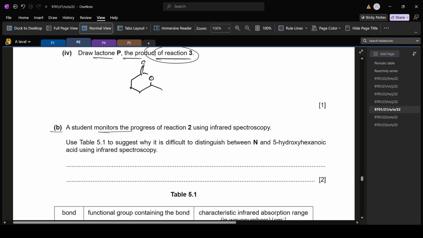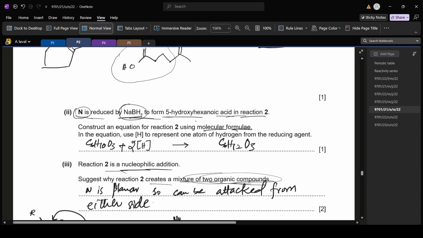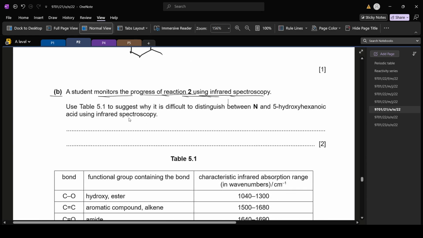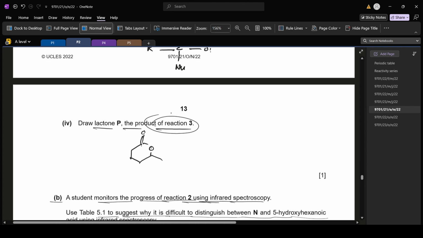A student monitors the progress of reaction 2 using infrared spectroscopy. This is reaction 2. Use table 5.1 to suggest why it is difficult to distinguish between N and 5-hydroxyhexanoic acid using infrared spectroscopy.